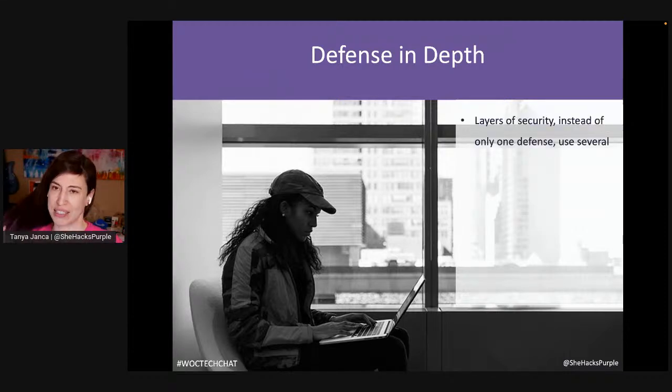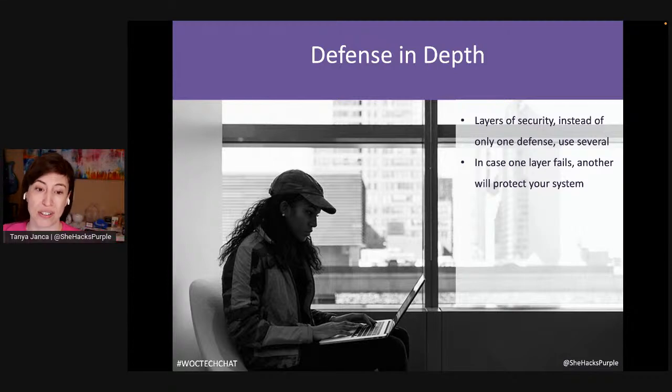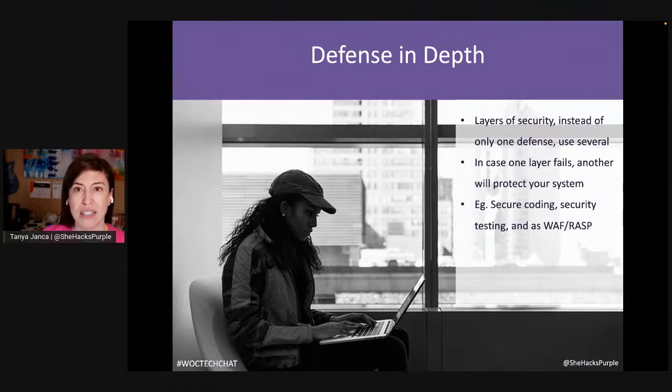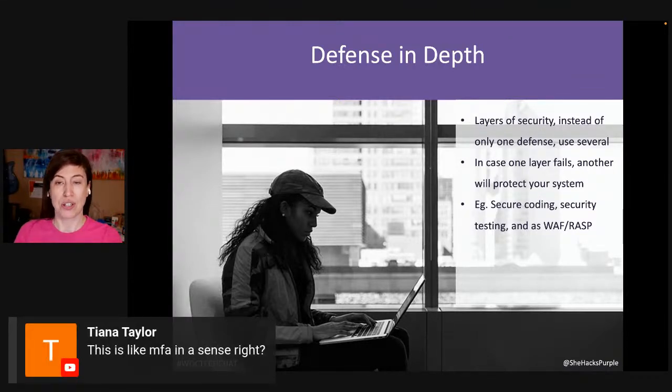So the idea is that instead of having just one single defense, if the thing we're protecting is quite important, we will have multiple layers of defenses. If someone breaks through one, there's another one, and maybe even another one that could stop them. In case one layer fails, we still have another one to protect our system. Ideas for this could be: we give all of our devs secure coding training, we review their code to make sure it's secure, then we do security testing.